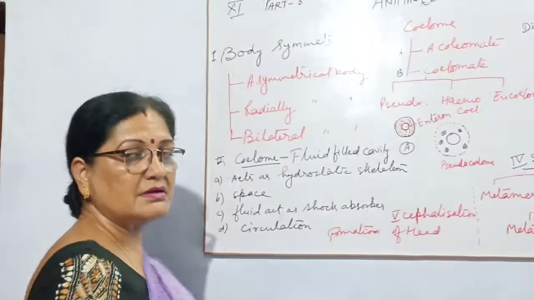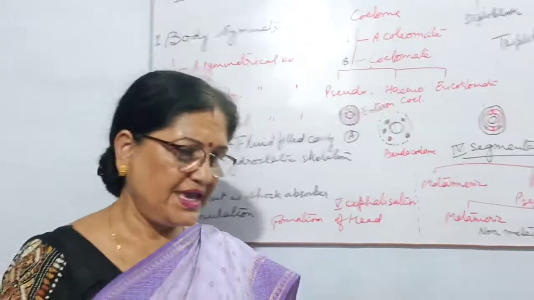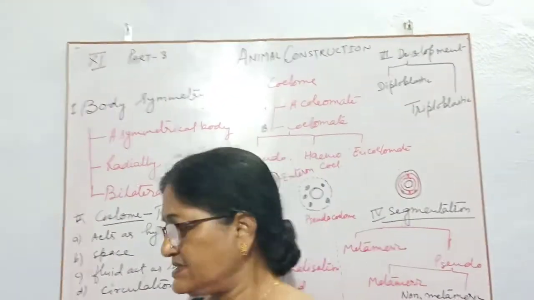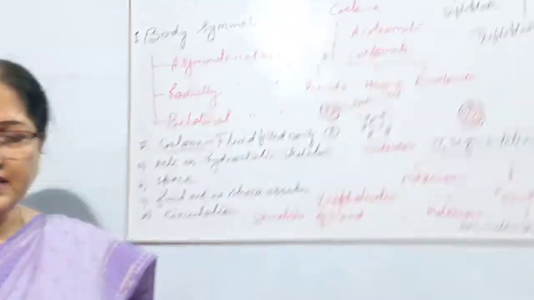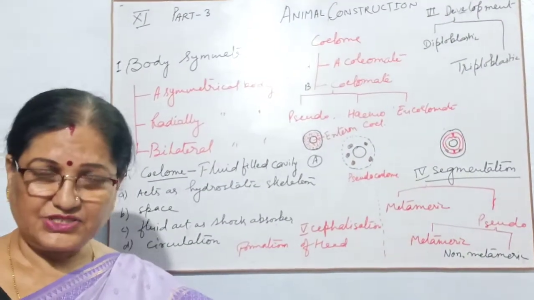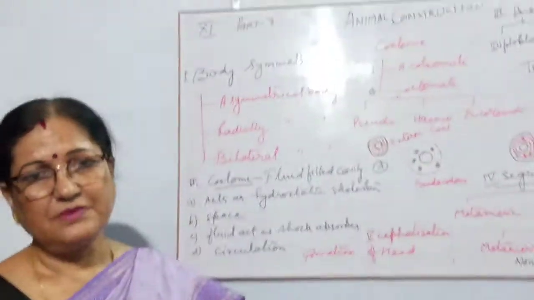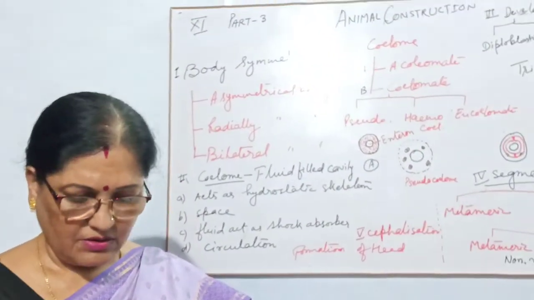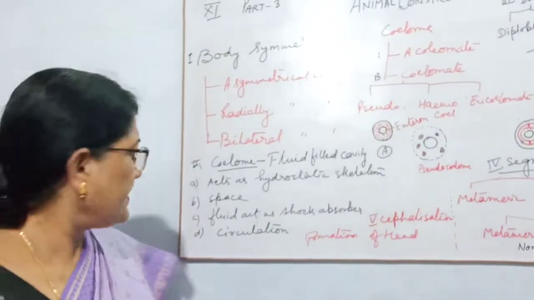Second one, the fluid filled cavity can give some space to other internal organs present inside the body, and while working they can swell or constrict. So due to fluid they never get friction between the two organs inside the body.